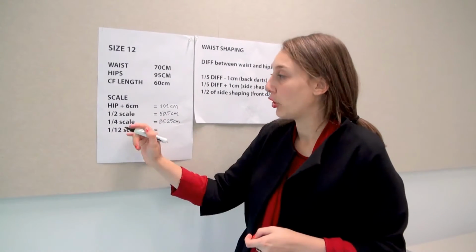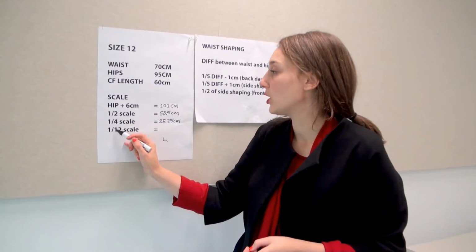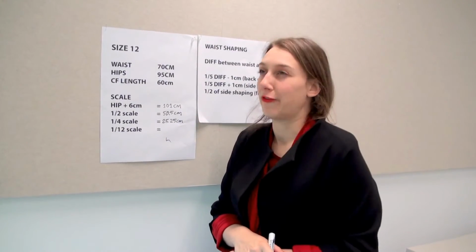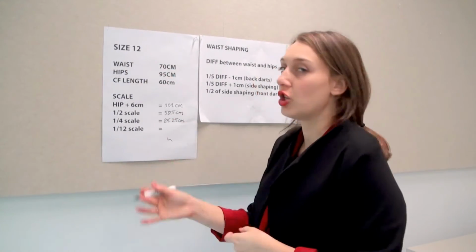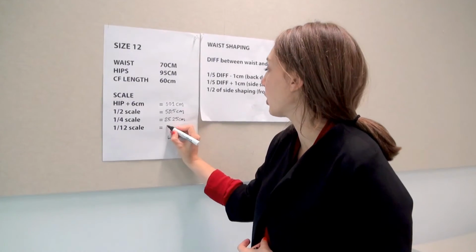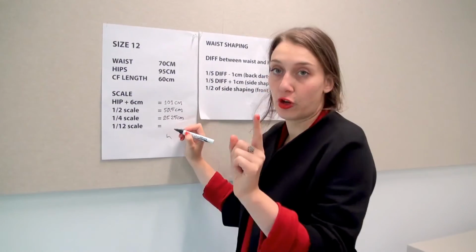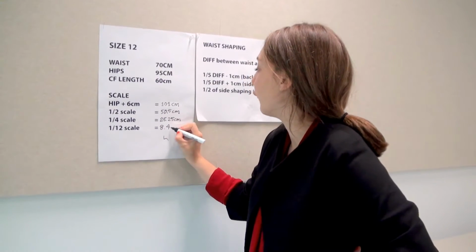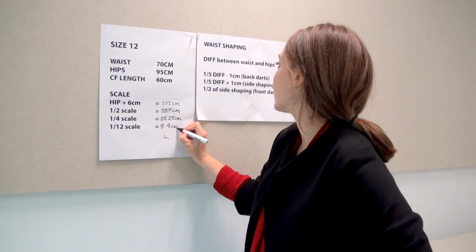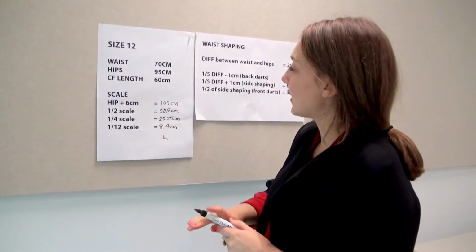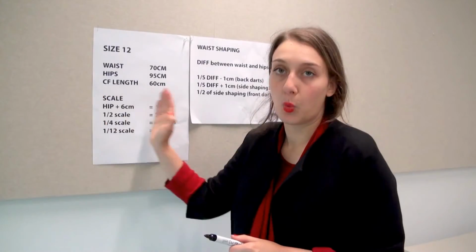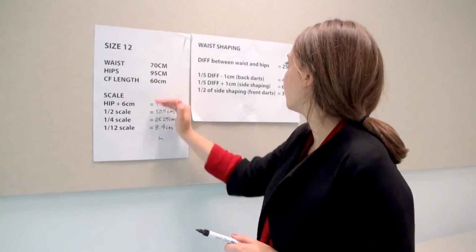I've worked this out ahead of time. 1/12 of the scale is something like 8.41, and so on, so you just round it to the first decimal. We're going to give ourselves 8.4 centimetres. That basically helps us to block out the width-wise proportions of our block.